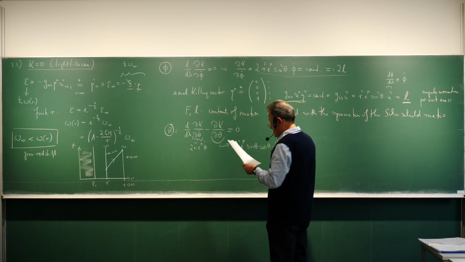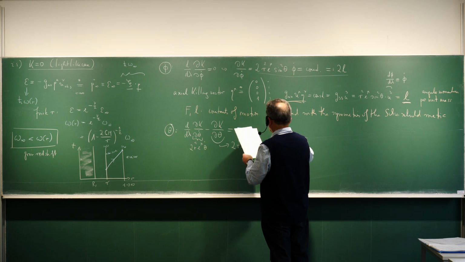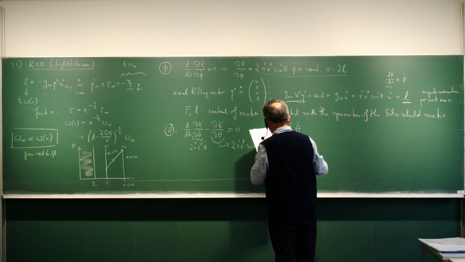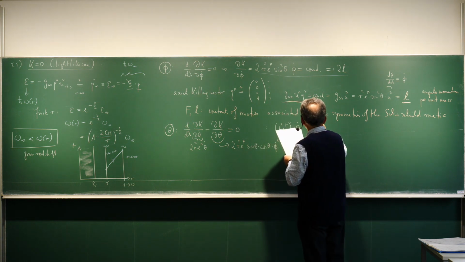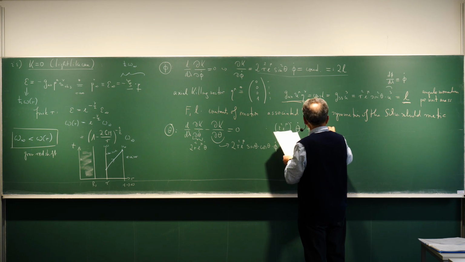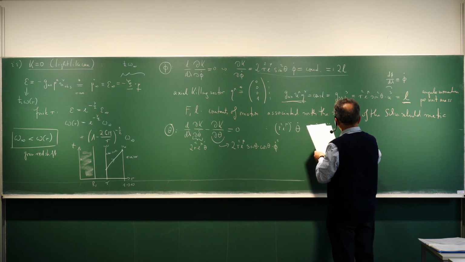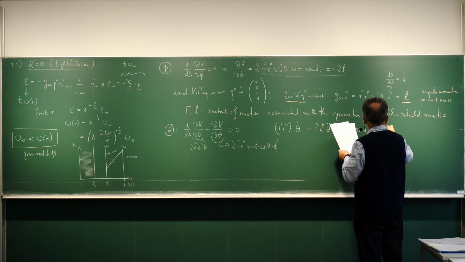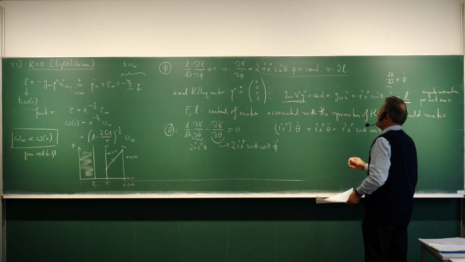That's simple. And what you get here is r squared e to the mu, differentiated, times theta dot plus r squared e to the mu theta double dot is r squared e to the mu sine theta cosine theta phi dot squared. So that's what you get.